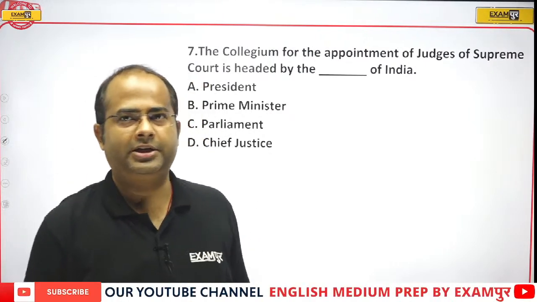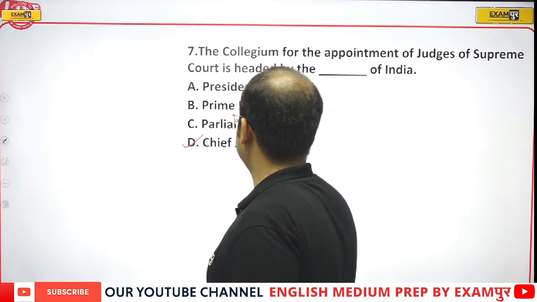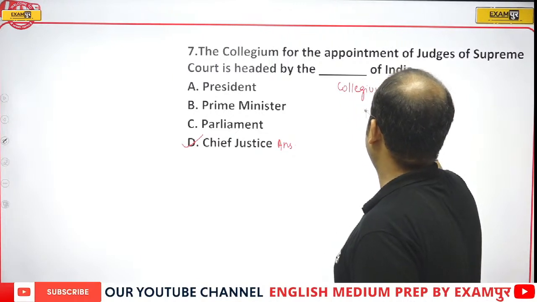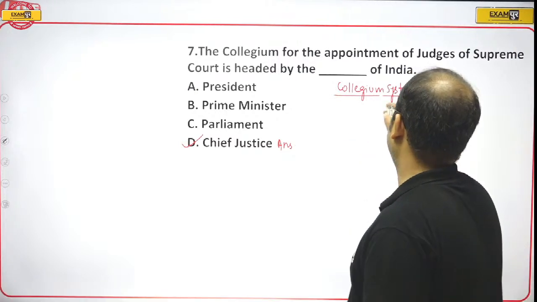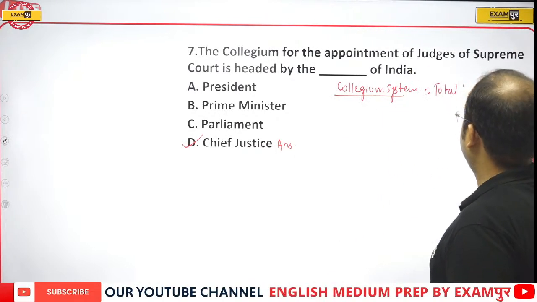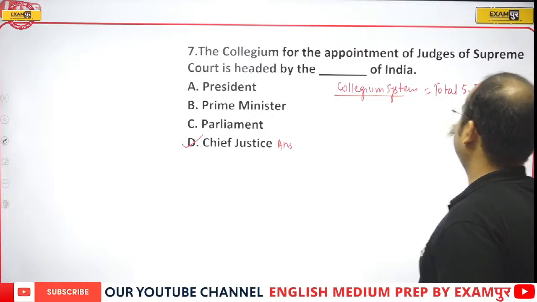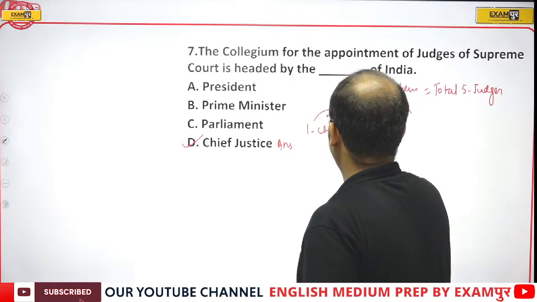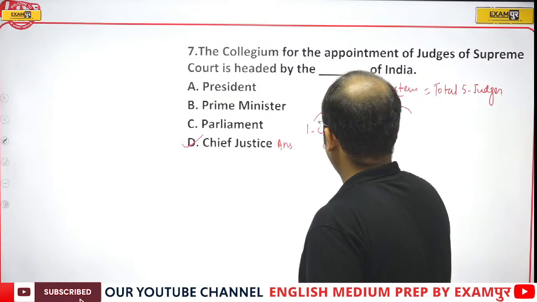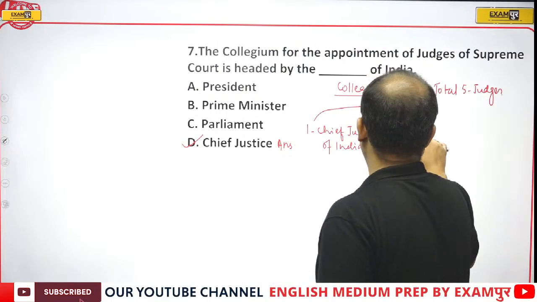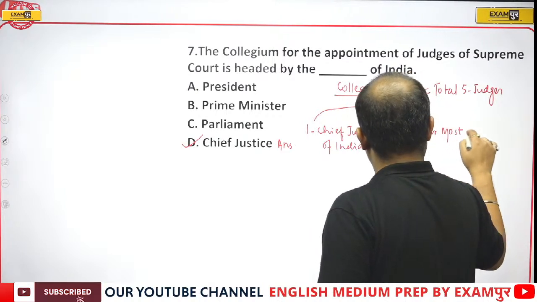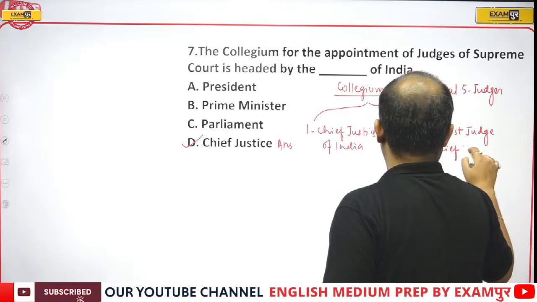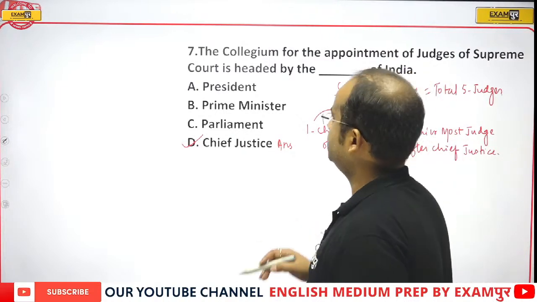The collegium of the judges is headed by the Chief Justice, and in the collegium system we have a total of 5 judges: 1 is the Chief Justice of India and 4 are the senior most judges after the Chief Justice.